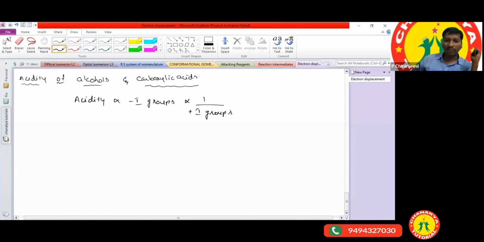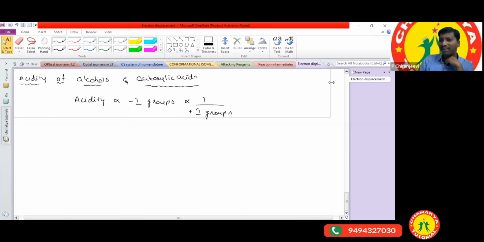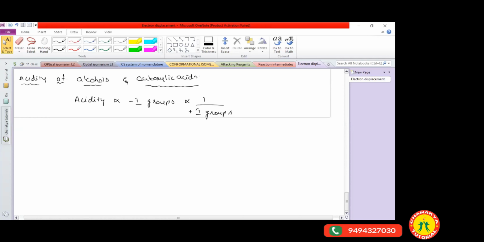Now let us see. Acidity is directly proportional to minus I groups and inversely proportional to plus I groups. Before going to that, first of all, what is meant by an acid? Does anyone know? Something that is sour in nature.